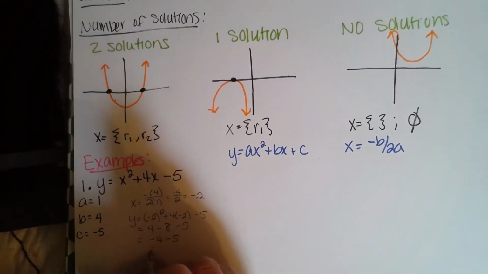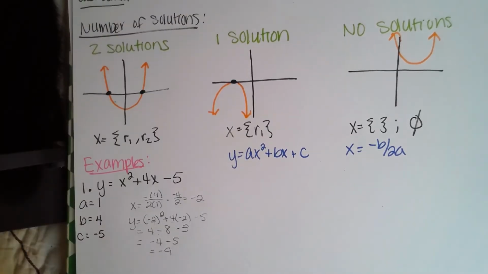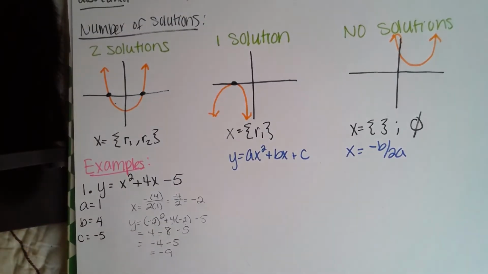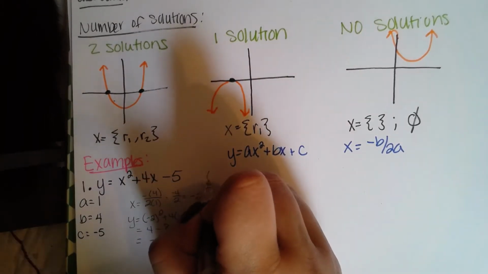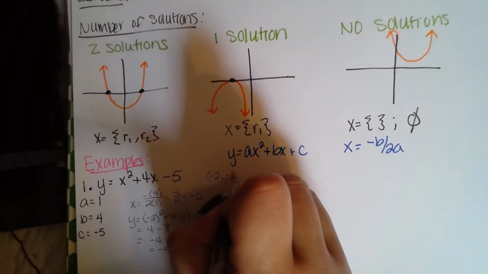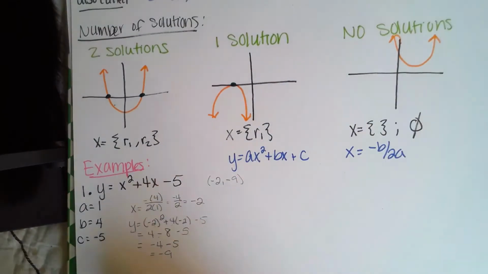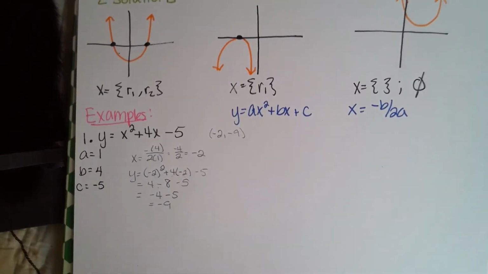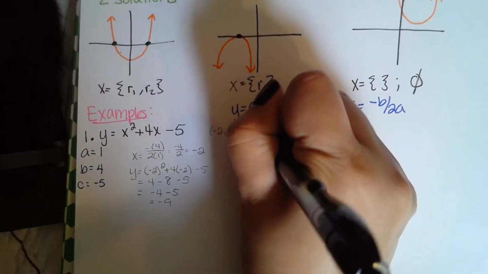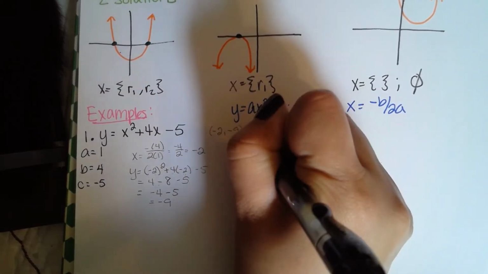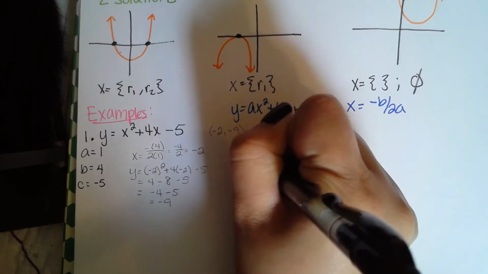I don't know why I slimmed it down going down. Either way. Alright, placing your vertex in the very center of this, (-2, -9). 1, 2, 3, and I wrote it in the wrong spots. Yeah, there we go. So there should be 3 blanks.